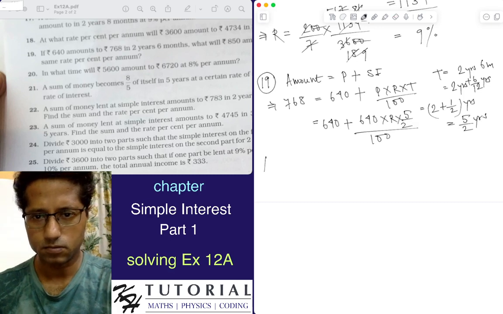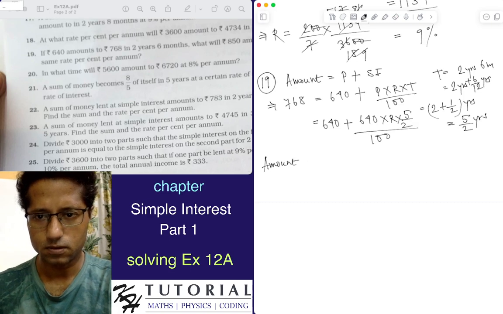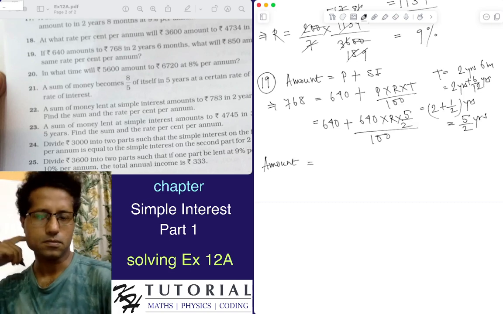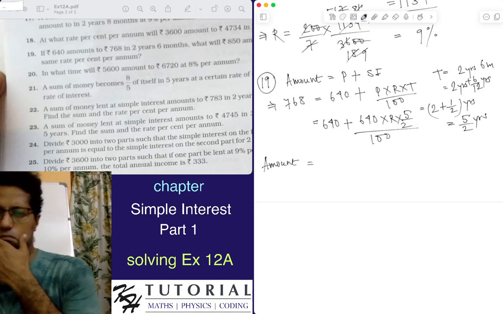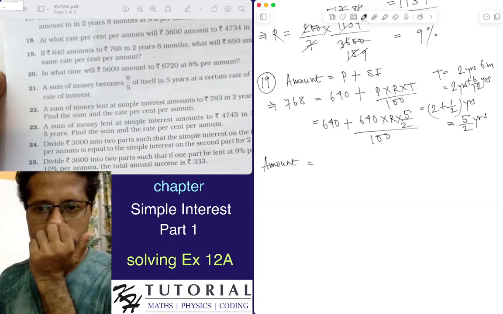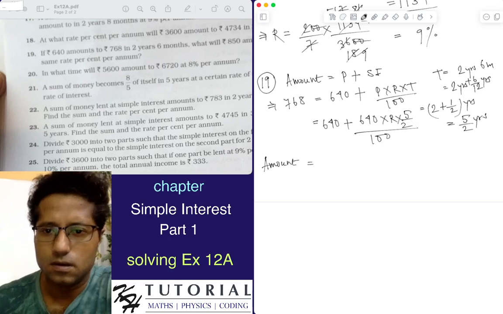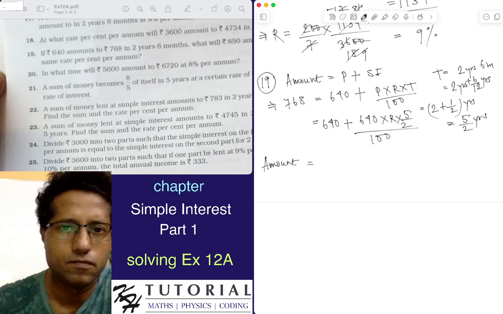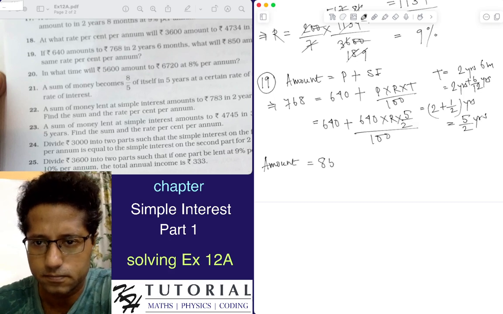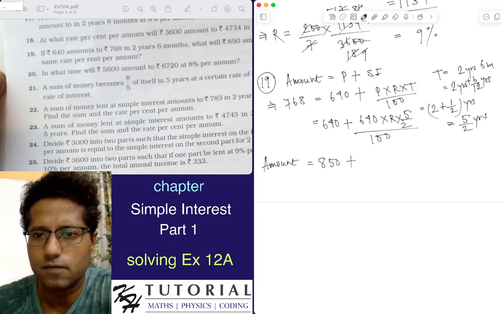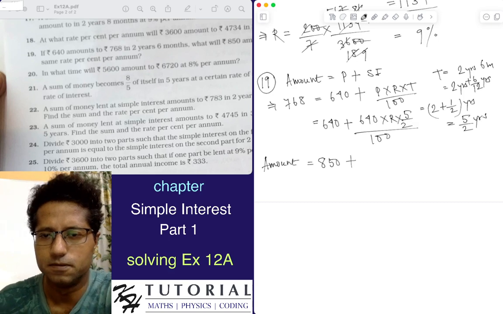In the second case, the principal is 850, plus we know amount is principal P plus SI.